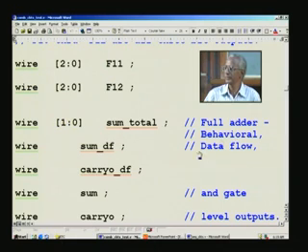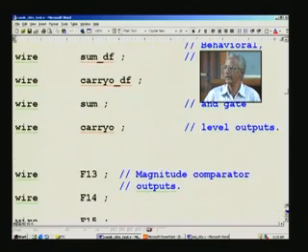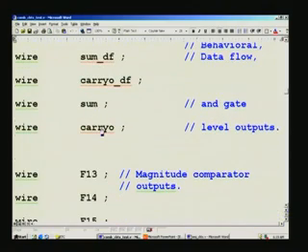And this is a behavioral thing, and we also covered a data flow description here, and that is differently named so as not to overwrite when we simulate, and the corresponding carry out is also here. And we also had a gate level implementation of the same, and that is here, sum and carry.